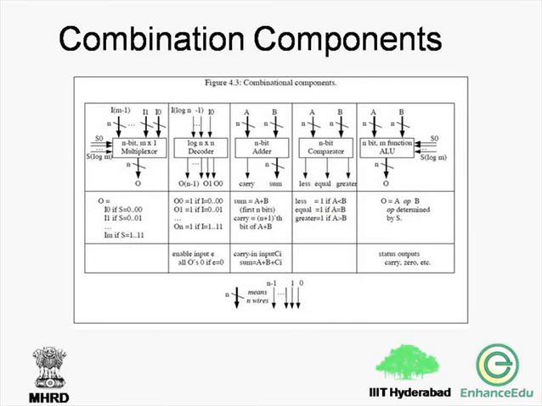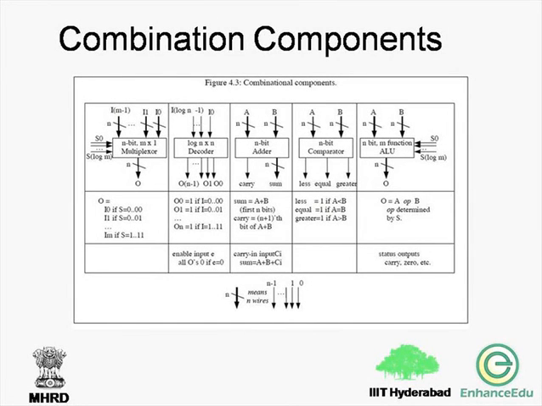There is the log n by n decoder, which is the reverse of the multiplexer. There is the n-bit adder, which can add and produce the output as sum and carry for all the input bits from A, B and so on. The n-bit comparator compares the input signals and produces the output, that is, less than, equal to, or greater than.